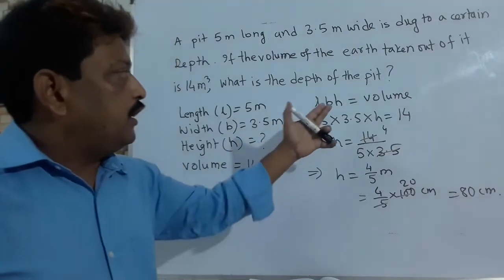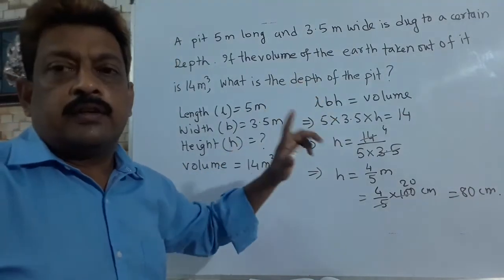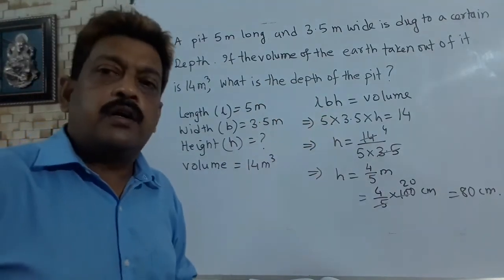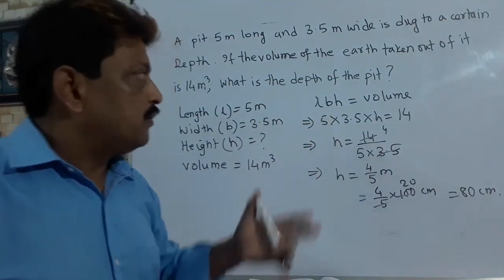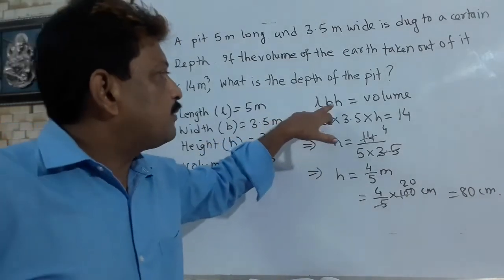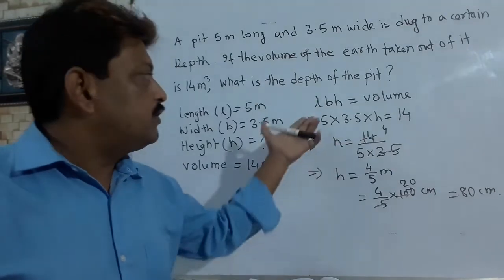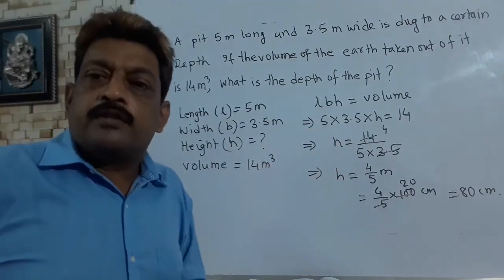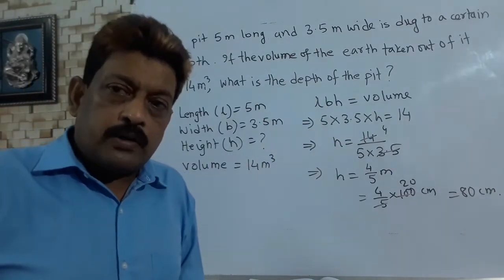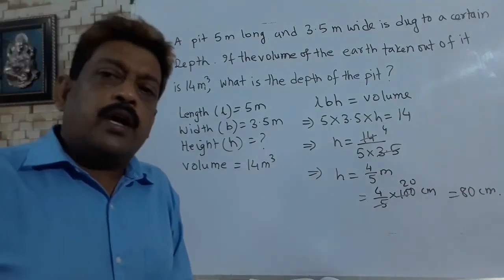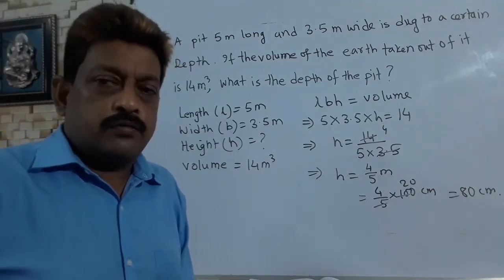Similarly, if breadth and height are given and we need to find the length, then also we can use the same process. Here the length is unknown, but breadth and height are known, and volume is also known. So using this formula we can calculate the length. Similarly, we can also calculate the breadth by this method. Is it clear to you? Good.